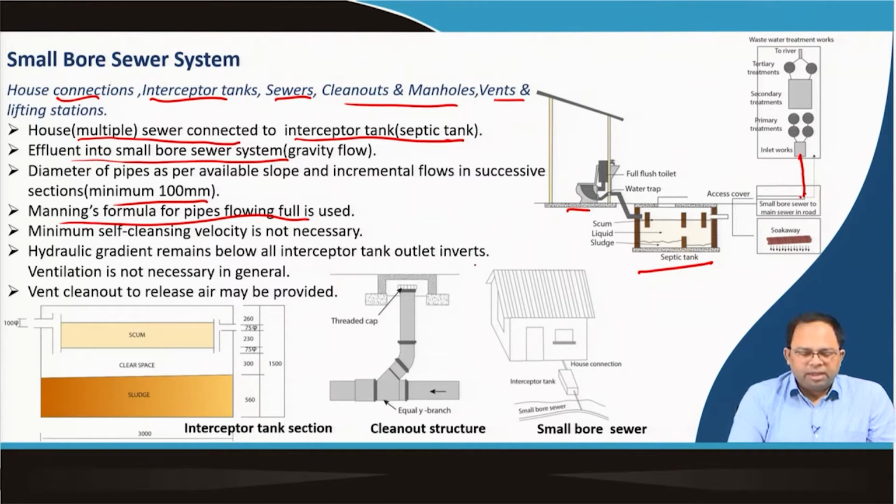That means wherever the invert level of that outlet is, the hydraulic gradient has to be below that for the sewer network. Ventilation is not necessary, but we can add vents, and a vent cleanout to release air may be provided like this one. This is the pipeline, and this is the cleanout structure. We can open it in case of blockages and to release gases.